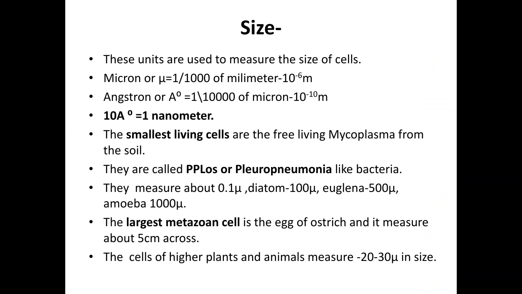Then euglena measures up to 500 mu, and amoeba 1000 mu. The largest metazoan cell is the egg of the ostrich, and it measures about 5 centimeters across. The cells of higher plants and animals measure about 20 to 30 mu in size.